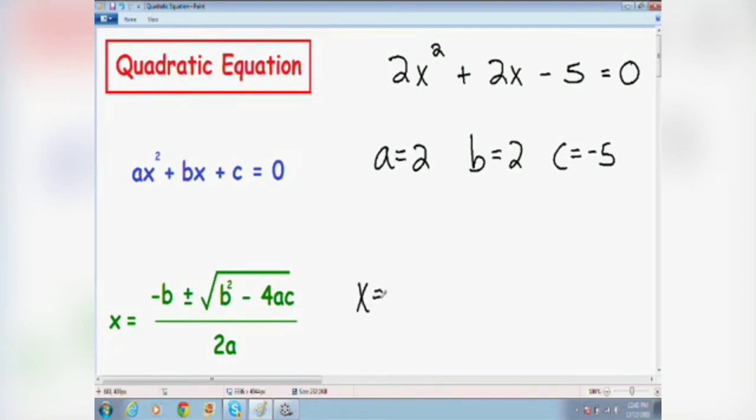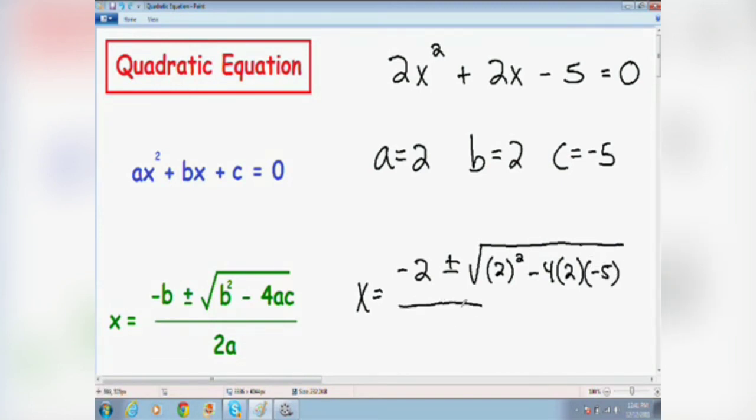So we have our x is equal to -b. So our b is 2. So -b would be -2 plus or minus the square root of b squared, which our b is 2, so it would be 2 squared, minus 4 times a, which our a is 2, multiplied by c, which our c is -5.